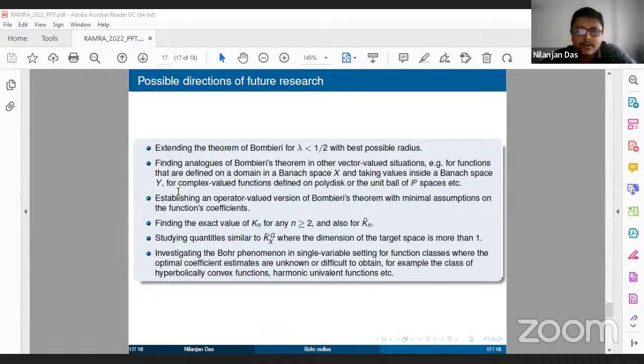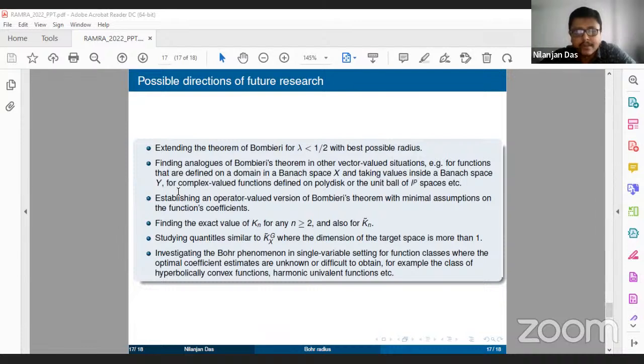And then one can study quantities similar to K_X tilde(G), while we have taken the complex plane as the codomain. One can take spaces where the dimension is bigger than 1 and study quantities similar to K_X tilde(G). Finally, if one only considers functions that are defined on D and take values inside the complex plane, there are still many problems that are quite difficult to handle.